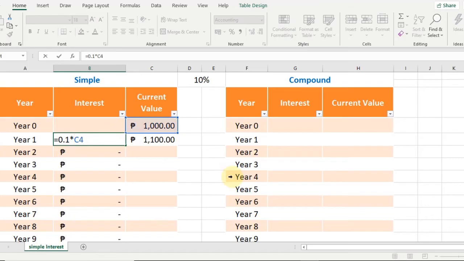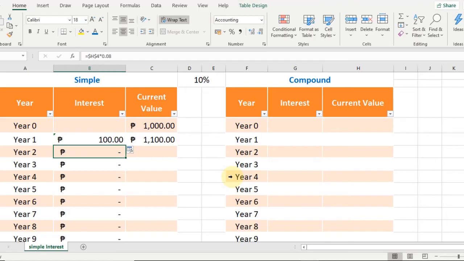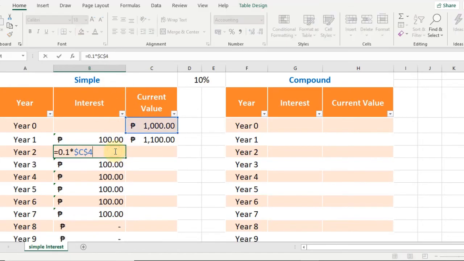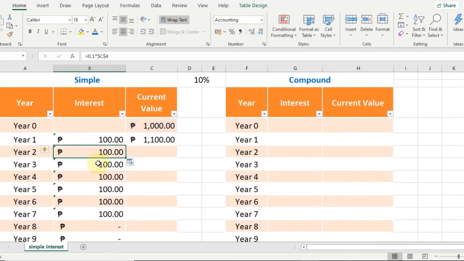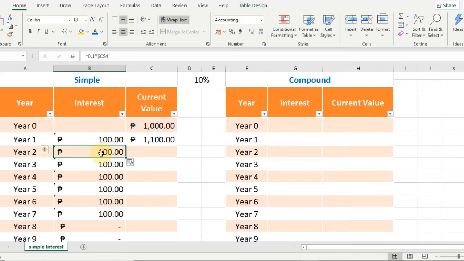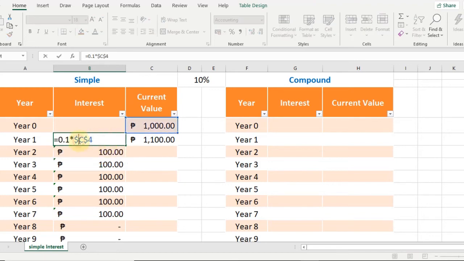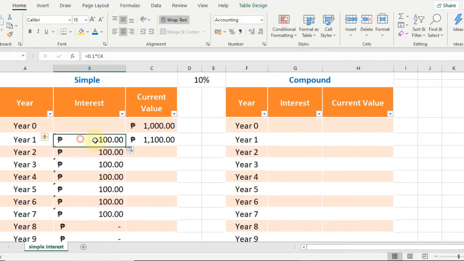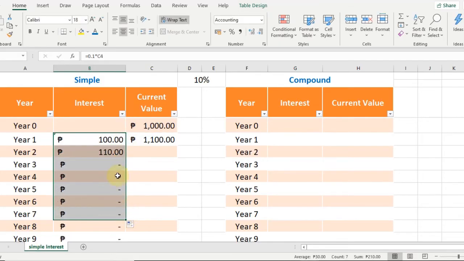Okay, just to make sure that it will stay at C4, you put a dollar sign there so that when you drag, okay, see? It's always C4, this one. It's always getting 0.1 of 1,000. Because if you remove the dollar sign here and then when I drag, see?